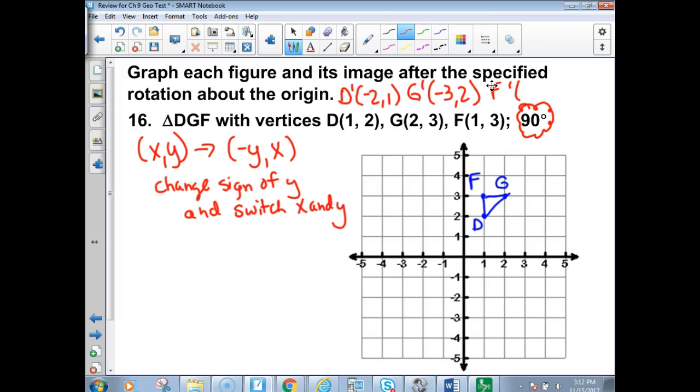And F prime, I'm changing the sign of Y to -3 and switching it, -3, 1. G prime, -3, 2. Oh my gosh, I've got to move that letter. -3, 1 is F prime, and that was D prime.